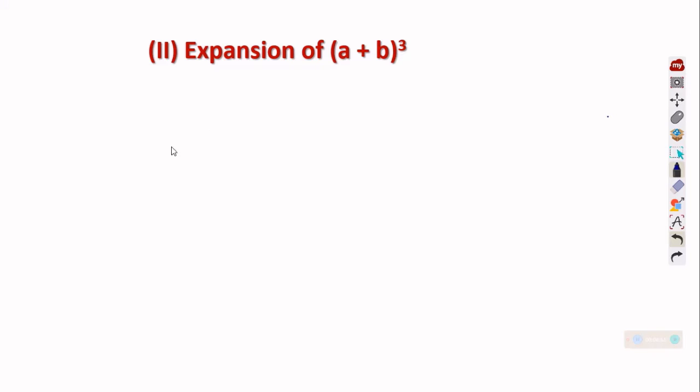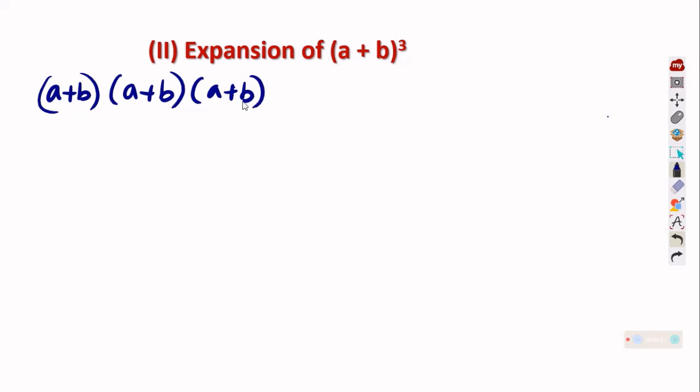It is given (a plus b) whole cube. What does this mean? It means (a plus b) one time into (a plus b) once again into (a plus b).